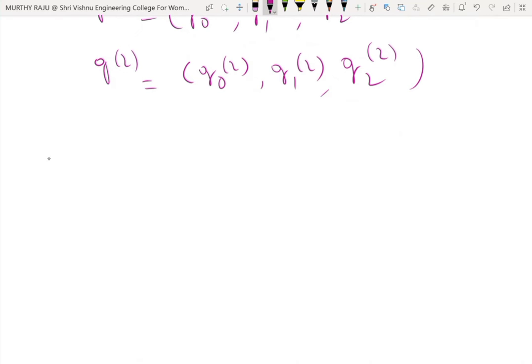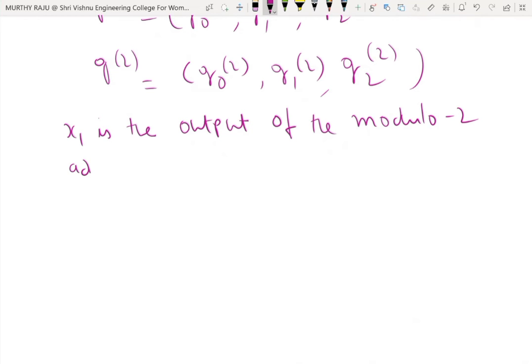This is a message sequence M. X1 is the output of the first modulo 2 adder. The generator sequence is G of 1.